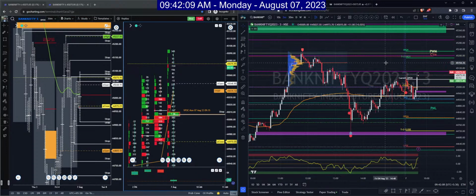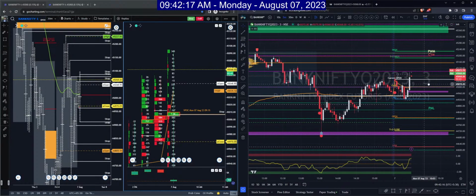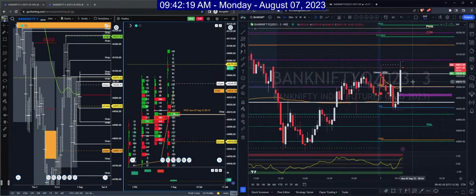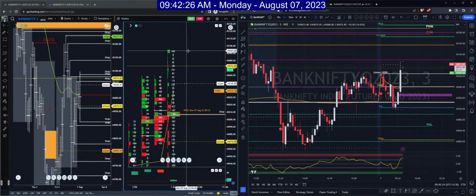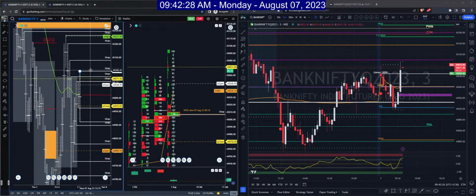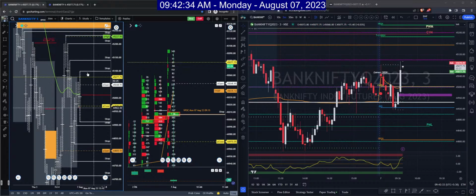But for me, this is a level, so I'll just mark this as a supply level. So there is some supply coming in based on the price action. Buyers have been trapped. Let me just delete this, delete this.